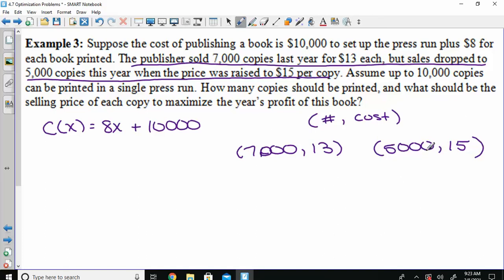Okay, this is going to give us our price function, the price that we are charging for it. So we need to write the equation of this line. So y equals mx plus b, start by finding m. y2 minus y1 over x2 minus x1.